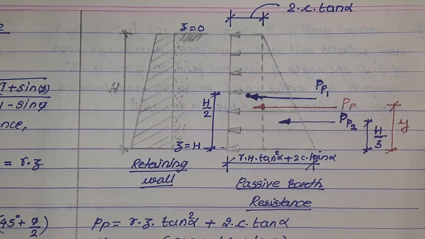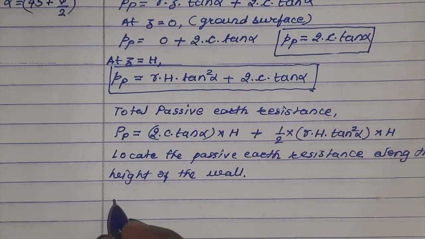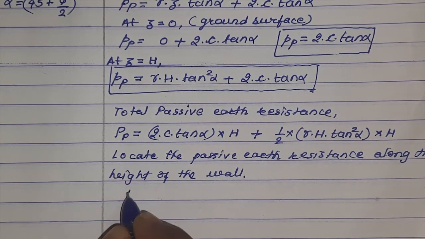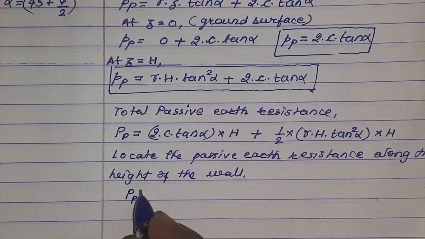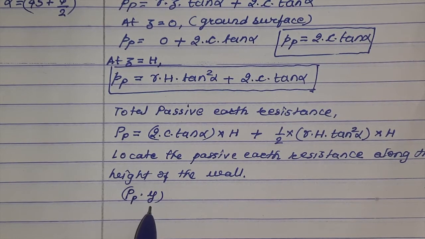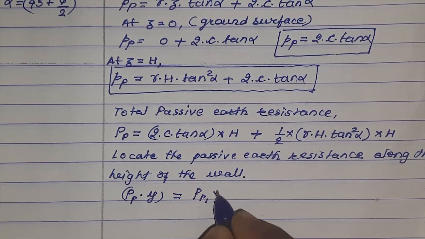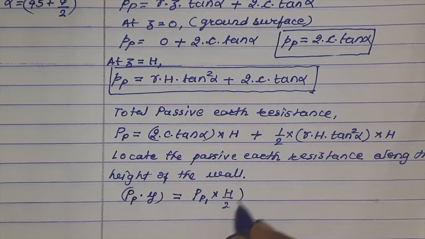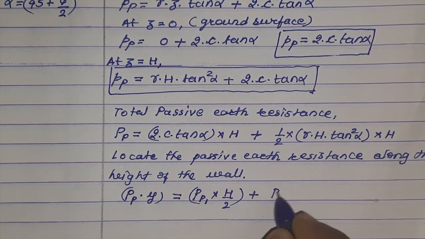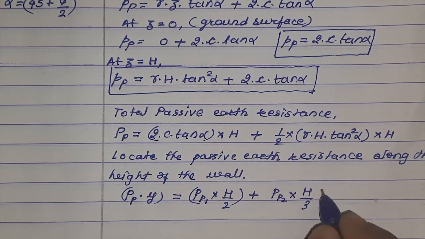Hence, apply the equation of moment. The moment produced by capital PP is capital PP multiplied by distance y, which is equal to the moment produced by the component forces together. Hence, it is going to be capital PP1 multiplied by h by 2 plus capital PP2 multiplied by h by 3.